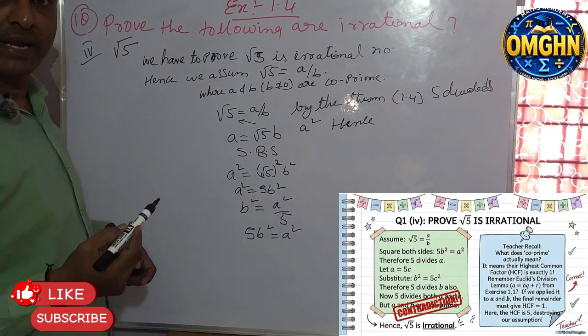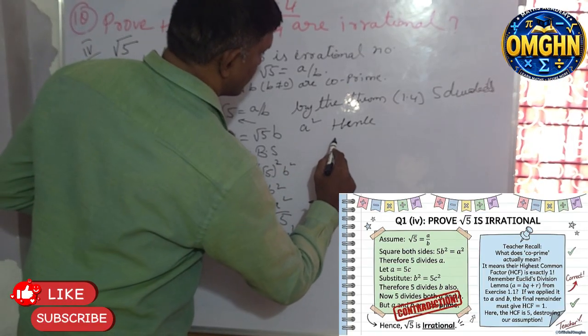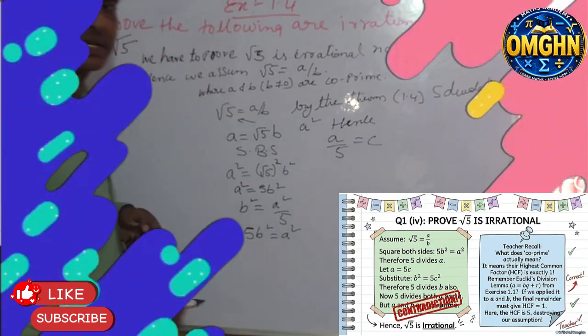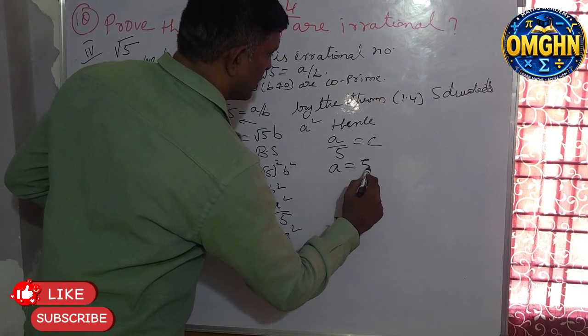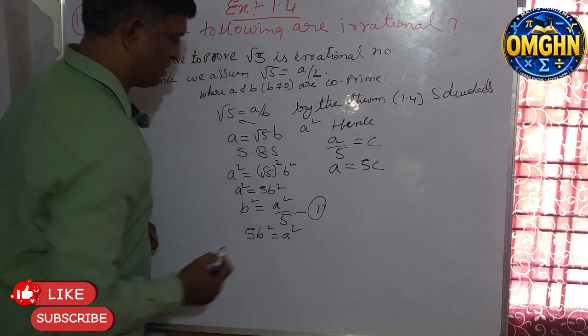Now we'll take a as 5c. Now here a equal to 5c. This will be taken as equation 1.